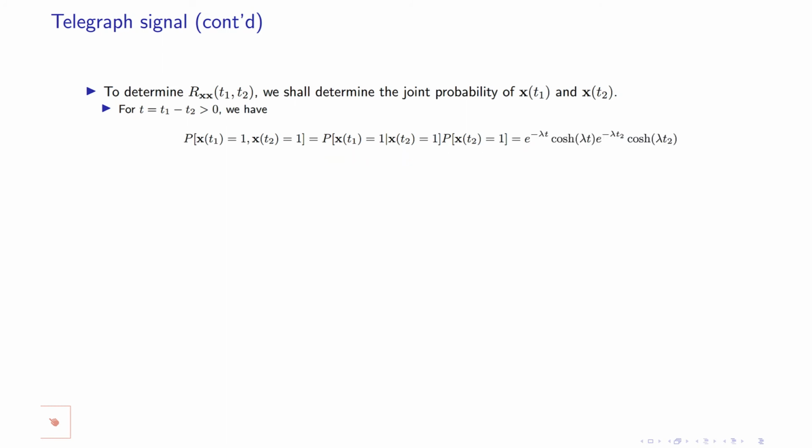So this one will become e to the power of minus lambda t2 cosine hyperbolic of lambda t2, and for the first one you get e to the power of minus lambda t cosine hyperbolic of lambda t. Remember that t is the time difference.